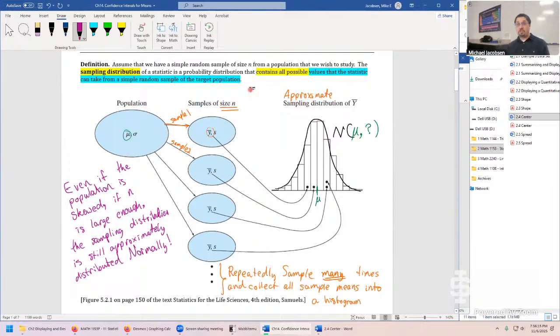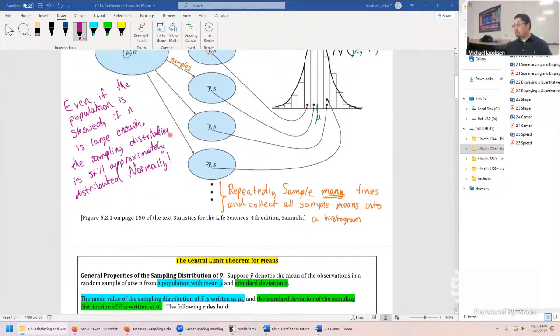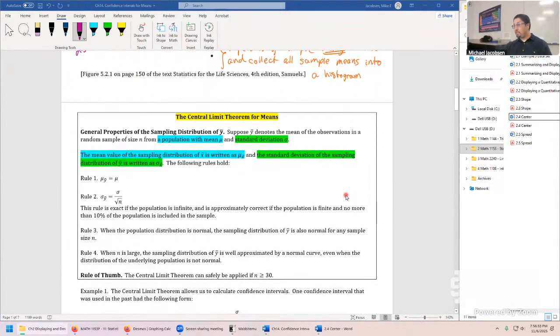So that's the whole central limit theorem in a nutshell: the normal distribution is not something that describes every single population, but for a large enough sample size n, it describes where Y bar came from in any population with a quantitative variable. So let's turn over to the full statement and read through it.